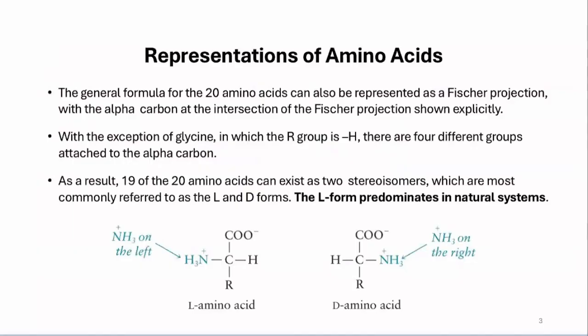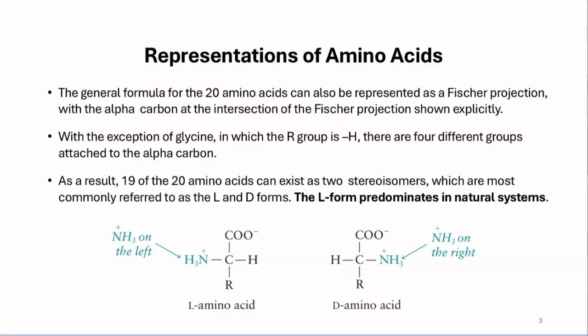When it comes to the amino acids, we can actually represent them in Fisher projections. Fisher projections is a way that we learned how to draw sugars in the previous chapter. And as you can see, we can also utilize it for amino acids.